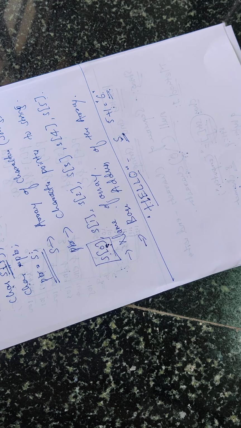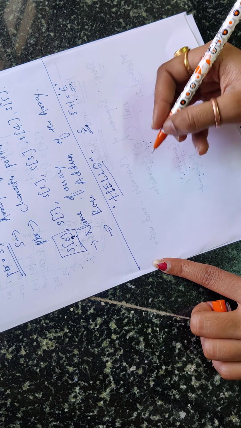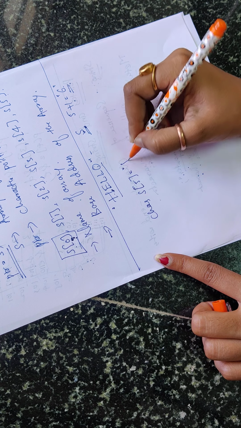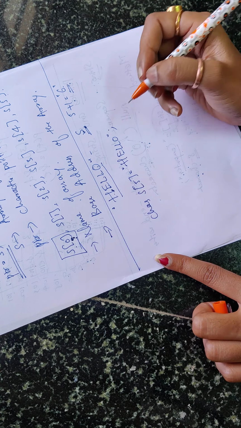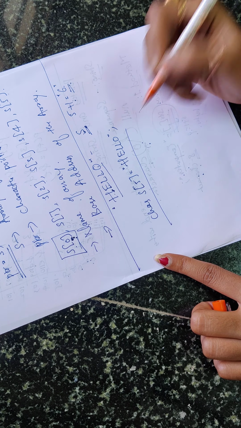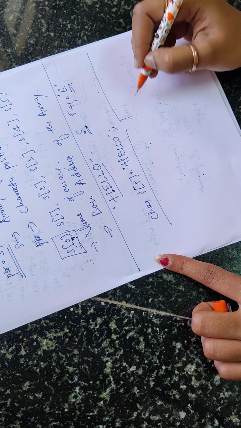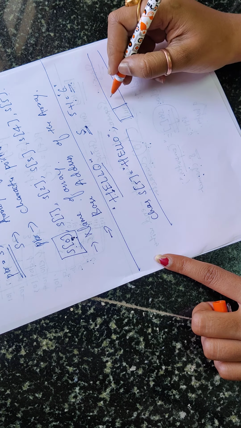So let me write a small code so that you will get to know how it is written. Char S of 5 is equals to hello. What it means? An array will be created with a block of 5 plus 1, that is 6.